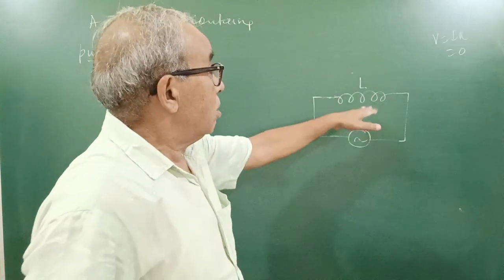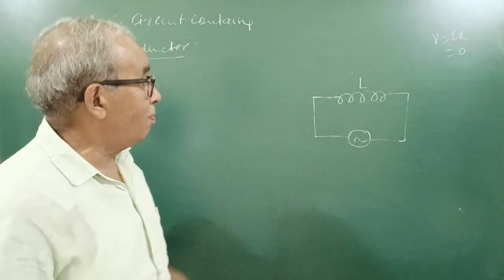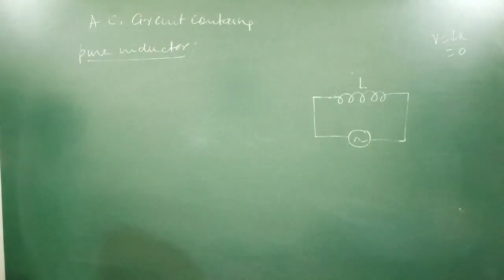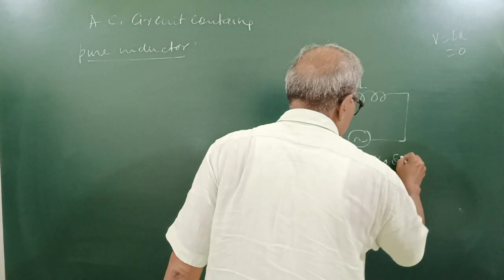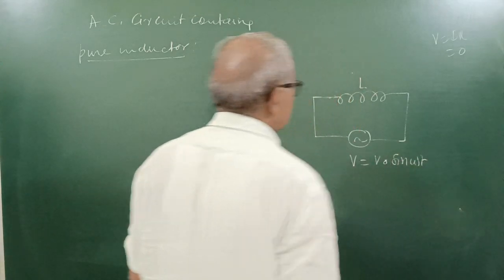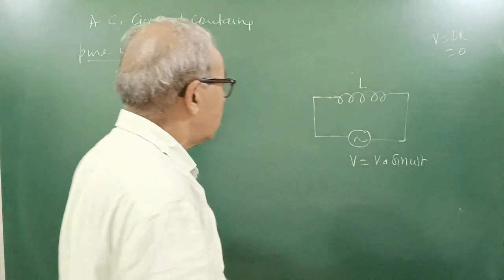What is that? That is due to self induction. When current starts growing, there will appear a potential difference. Suppose this is the voltage V equal to V0 sin omega t. So you know this voltage will vary, current will also grow.